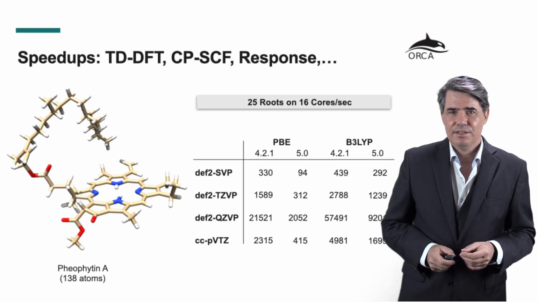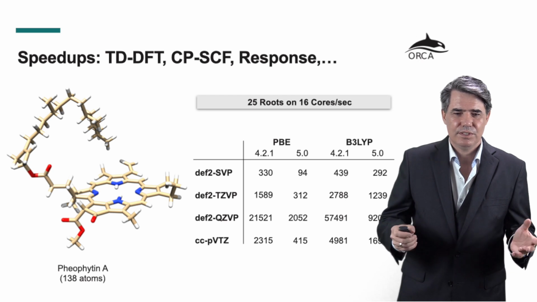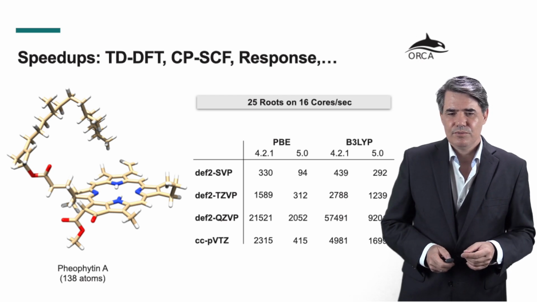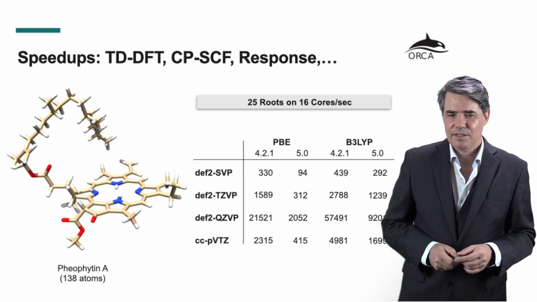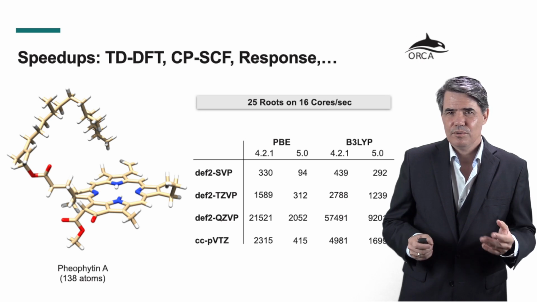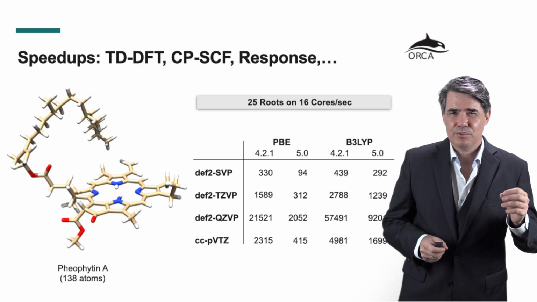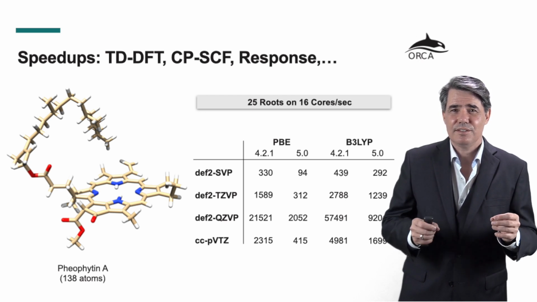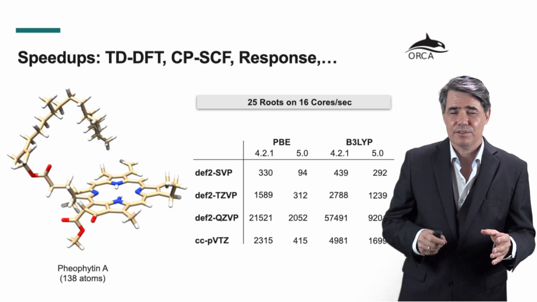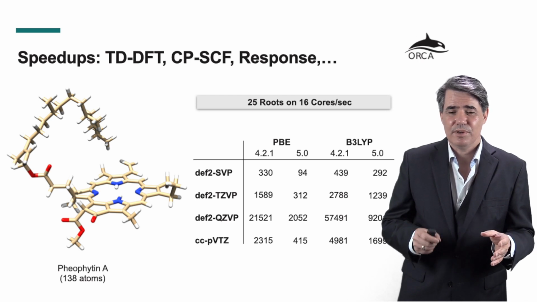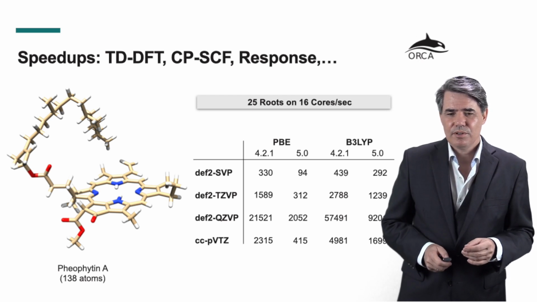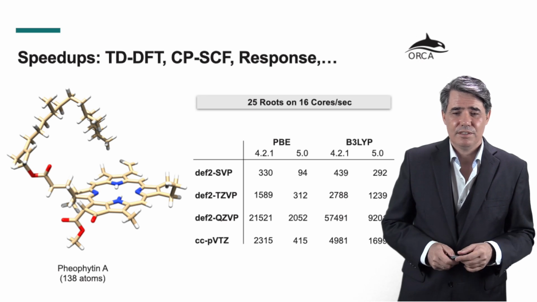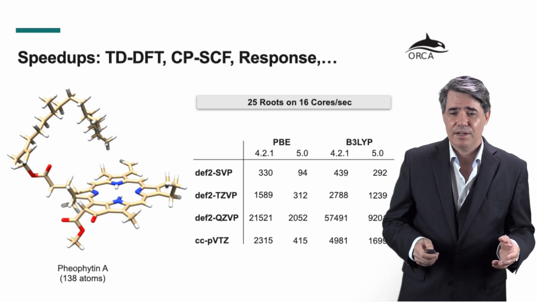Now, when you compare TD-DFT calculations on a reasonably large molecule, you will find that for a large basis set like def2-QZVP, the new algorithm is actually up to 10 times faster, and that is 10 times faster in the actual wall clock time, the time that you have to wait for your result. But overall, even for a triple zeta basis set, it's easily a factor of 2 to 5.